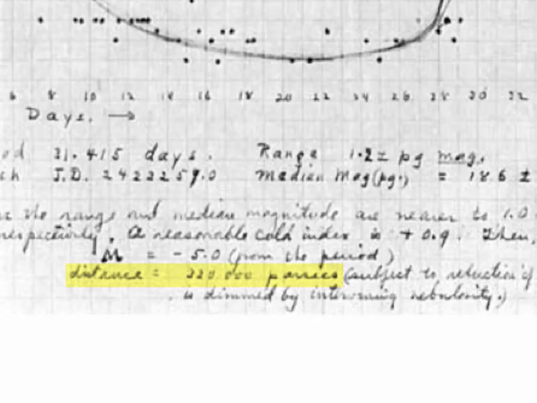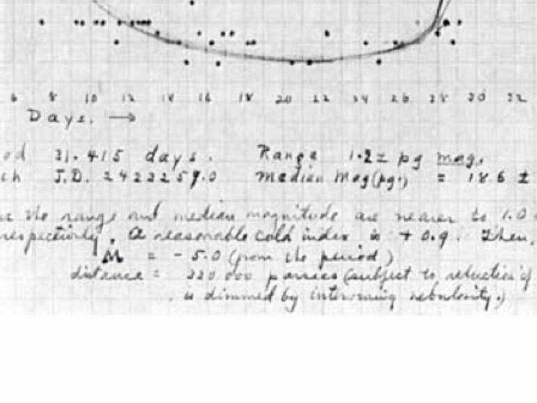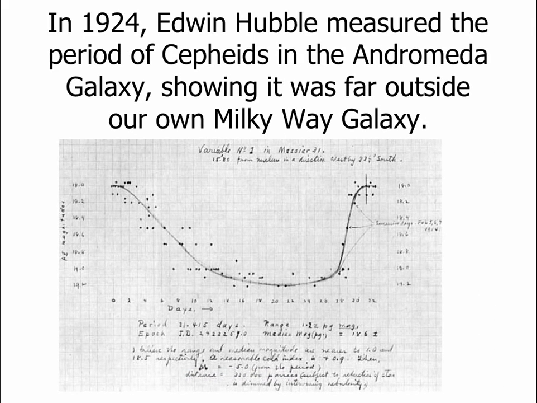Shapley's Milky Way was about 100,000 light years or 30,000 parsecs across, and this was 10 times further than that. Hubble didn't have this quite right. There were some errors in his calibration that we've since corrected, and we know that the distance to the Andromeda Galaxy is more like 700,000 parsecs, 2 million light years.